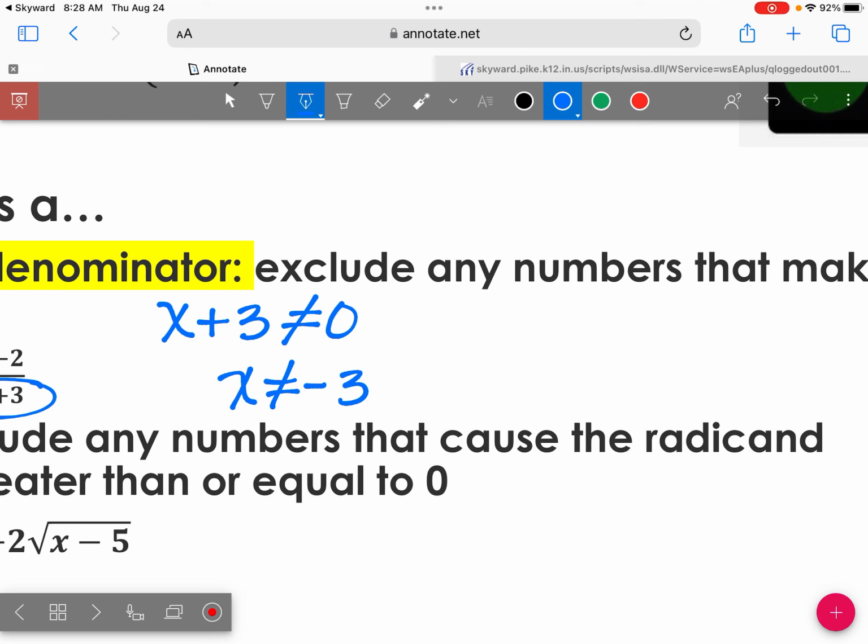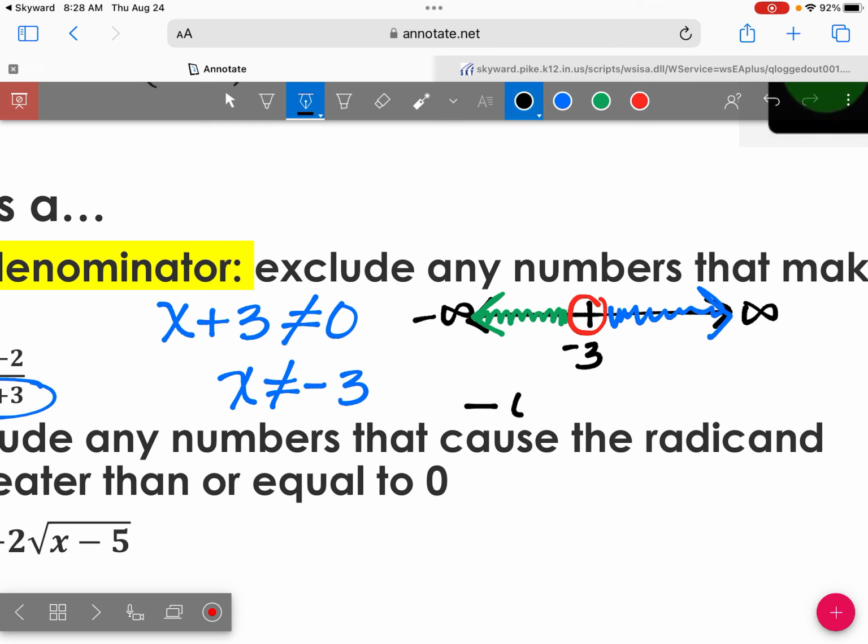So what I'm going to do is make a little number line, negative infinity to infinity, and then I'm going to write my negative 3 here. I would have an open circle on the negative 3, and I have 2 intervals. So my domain would read negative infinity to negative 3, I have to make a break, union negative 3 to infinity.